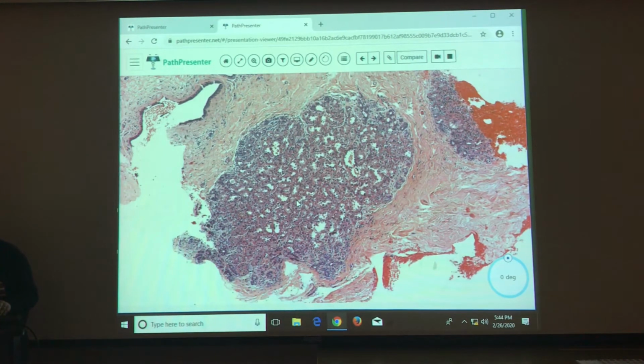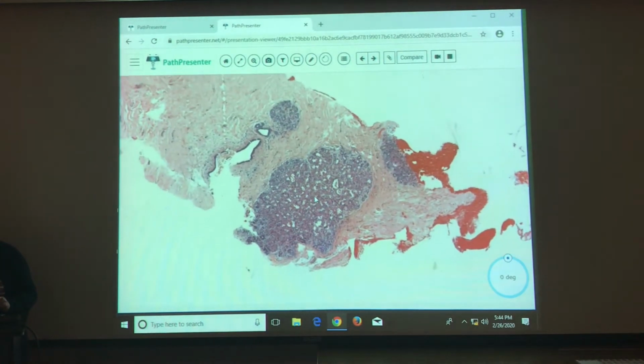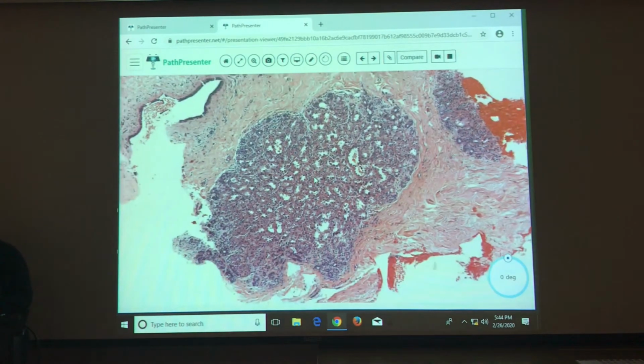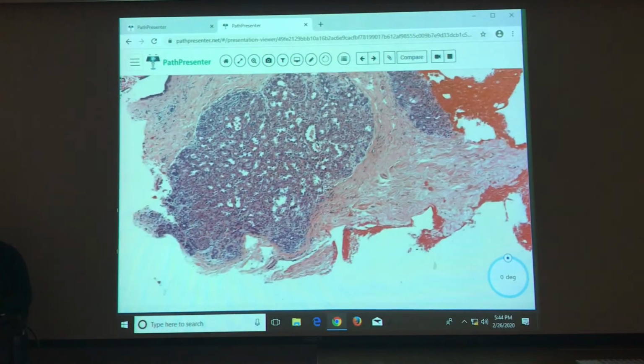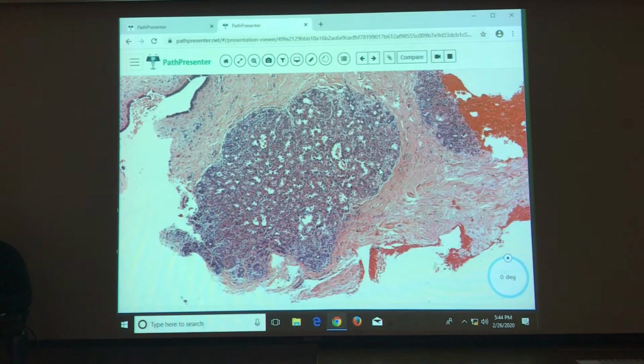There's a disease called diabetic mammopathy, with lymphocytic infiltration around the lobules. I know what you're talking about. Yeah, it looks similar to this.